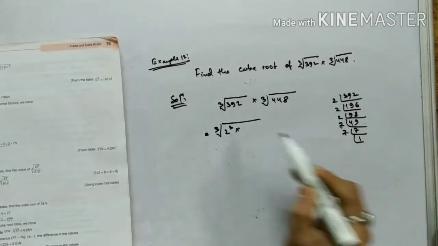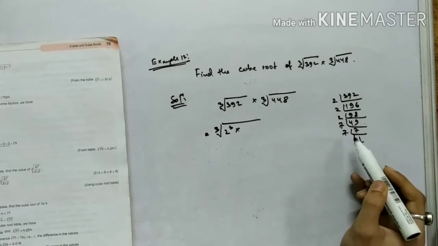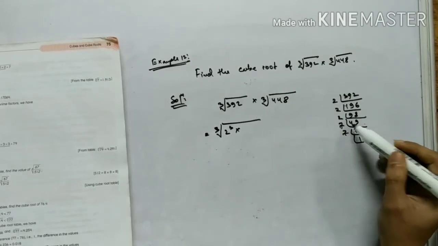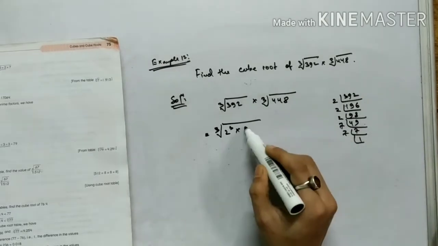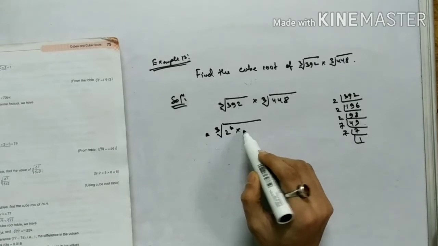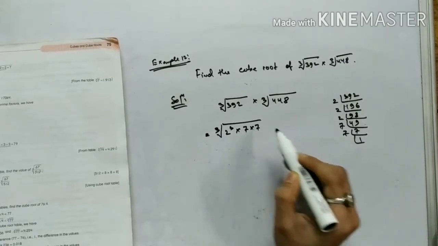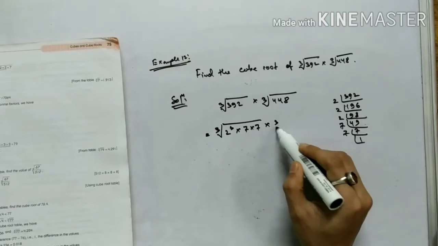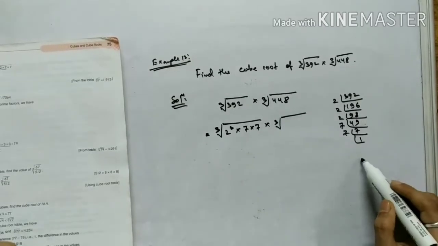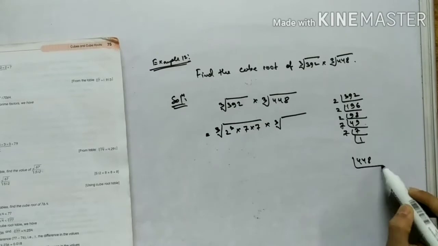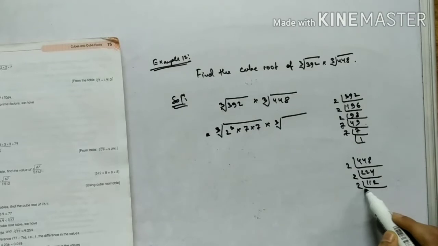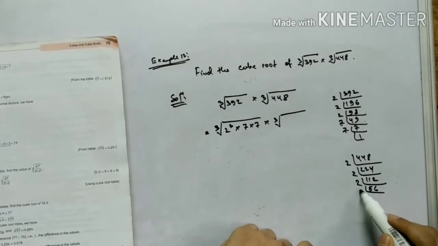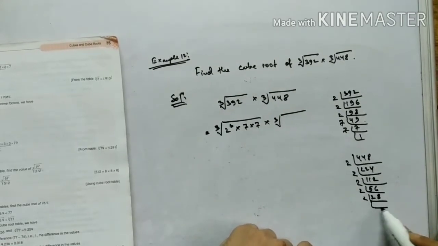I will get 2 cube into 7 into 7, and into again the prime factorization of 448. 2 two-twenty-twos are 4, 2 one-twelves, 2 two-fifty-sixes, 2 twos are 4, 2 eights are 16, 2 fours, 2 sevens 7, 7 1.